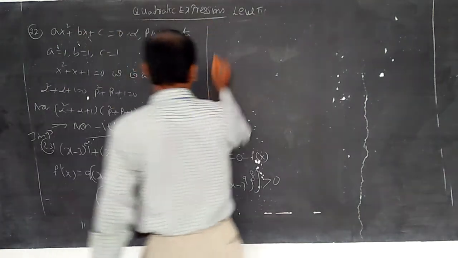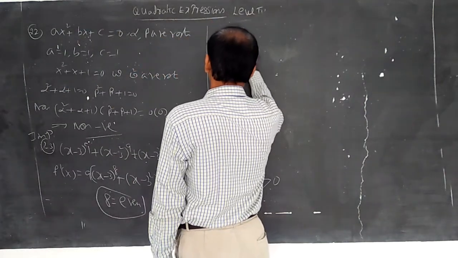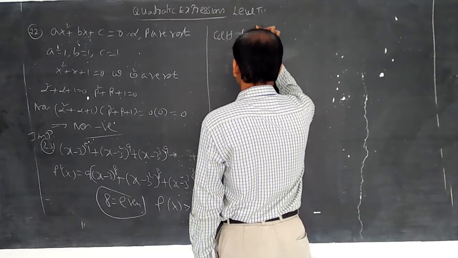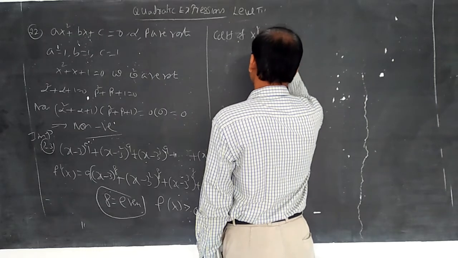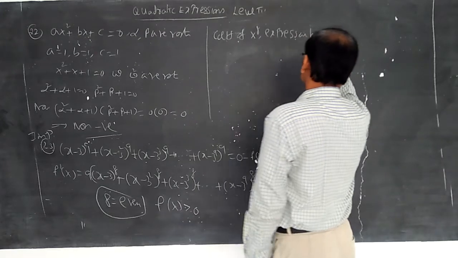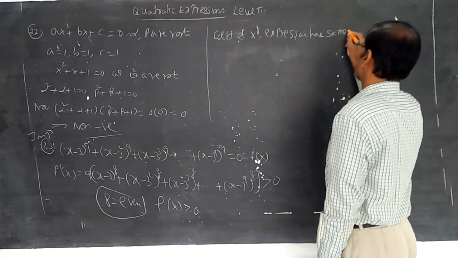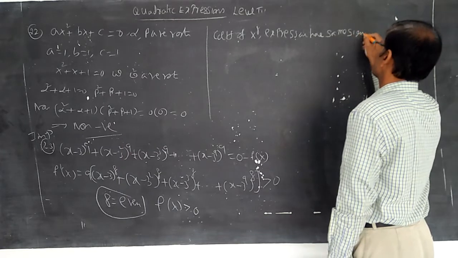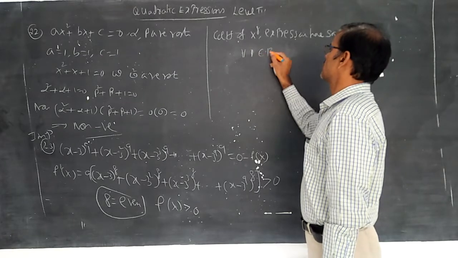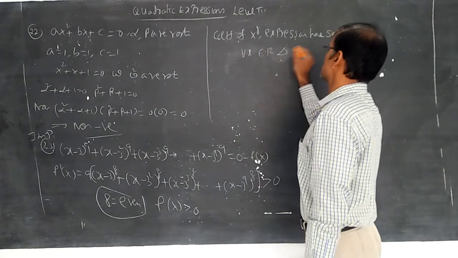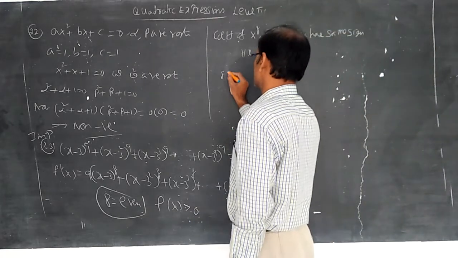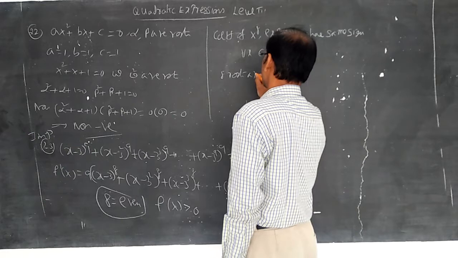So the coefficient of x square, x power 8, constant, expression have the same sign. So for all x belongs to R, it is delta less than 0. So total 8 roots will be there. 8 roots are imaginary roots.